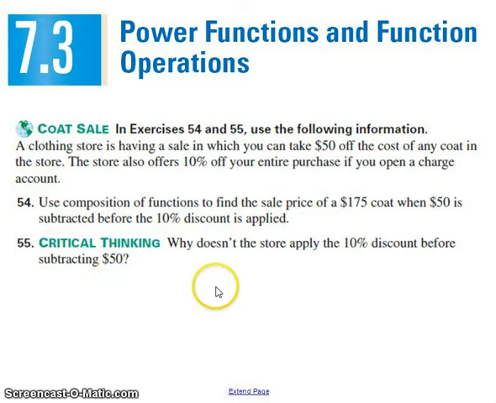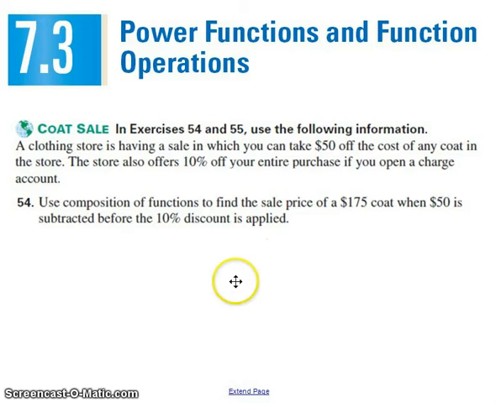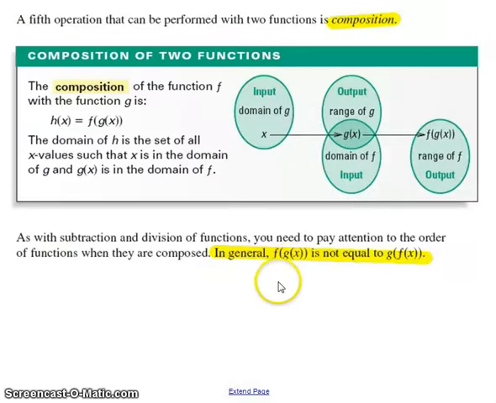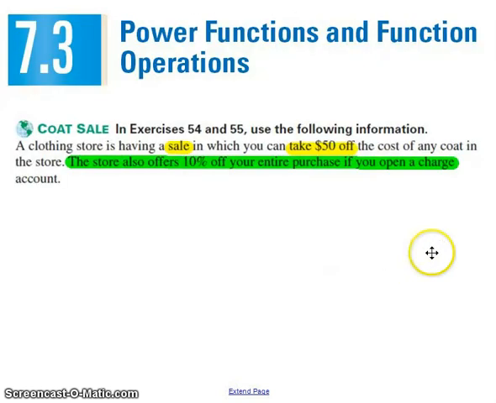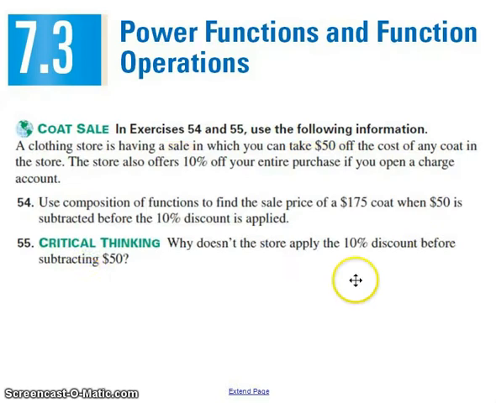As I said on a previous slide, generally putting one first is not the same as putting the other first. And so you've got to do some careful and critical thinking when you are doing composition of functions to make sure you're putting the correct one first.